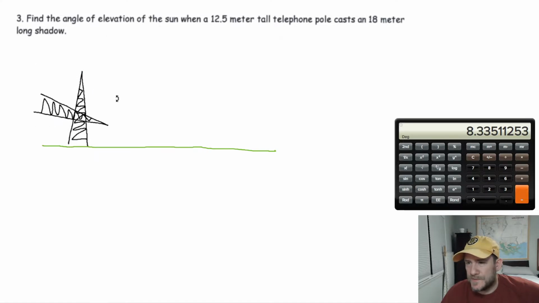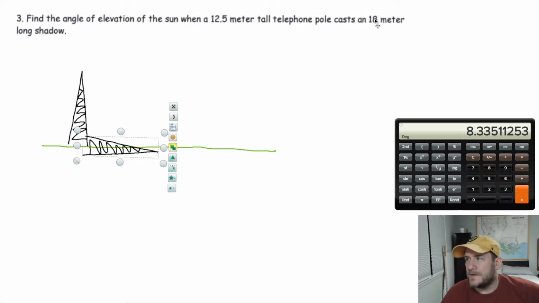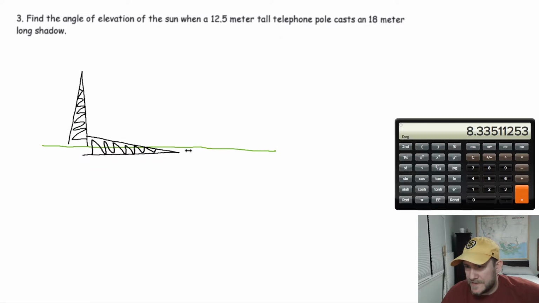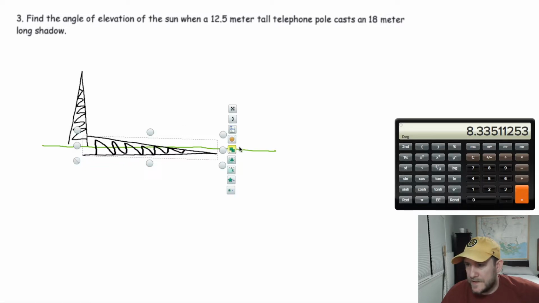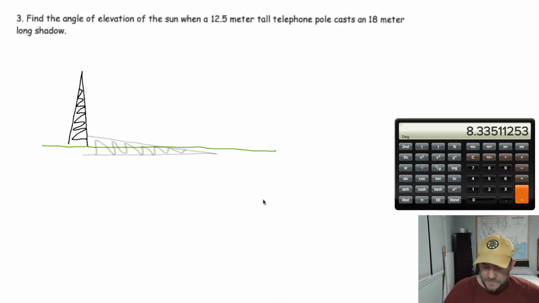So here's the deal. If I'm a shadow, then I fall down like this, and I get cast down here on the ground, and apparently it's taller, so it must be late in the afternoon, and it would be, I don't know, more see-through-y. There you go. How's that for a picture?